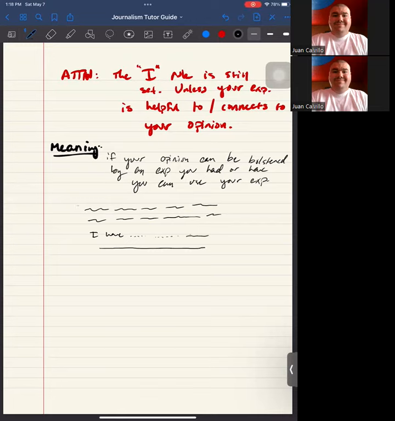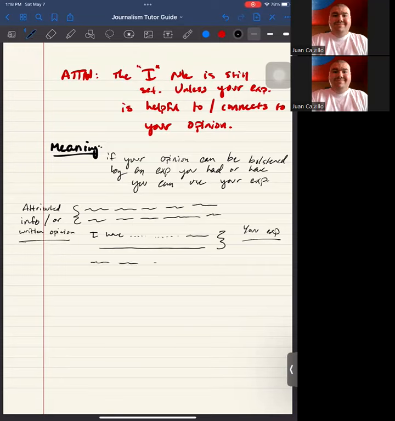Then, this is attributed information. Okay? So you have someone that said it, or someone that is helping your perspective. Or it's your written opinion. You're talking about something here. You add in your experience. Okay?